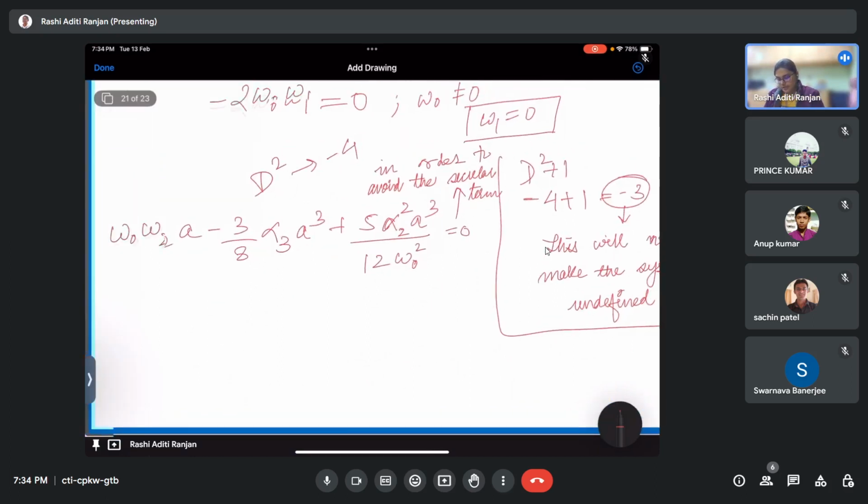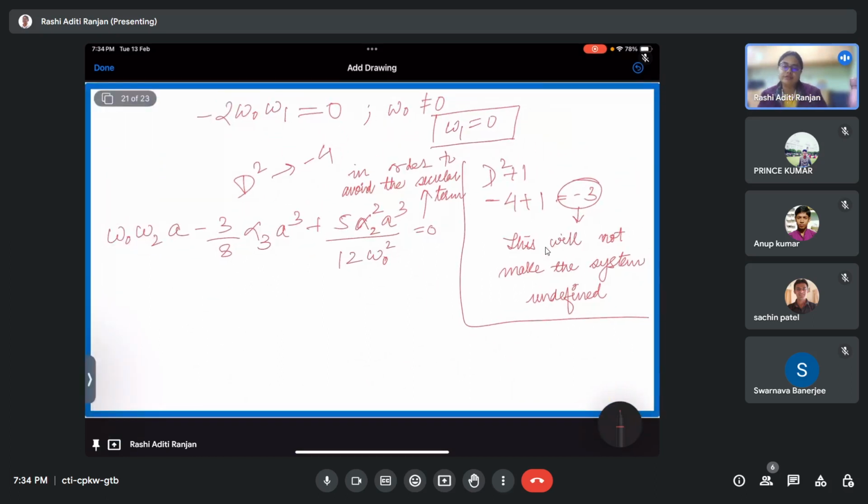Omega 2 I can write in terms of omega naught and alpha 2 and alpha 3 and a, isn't it? How am I going to write it? Omega naught omega 2 a is equal to 3 by 8 alpha 3 a cube plus 5 alpha 2 square a cube over 12 omega naught square.